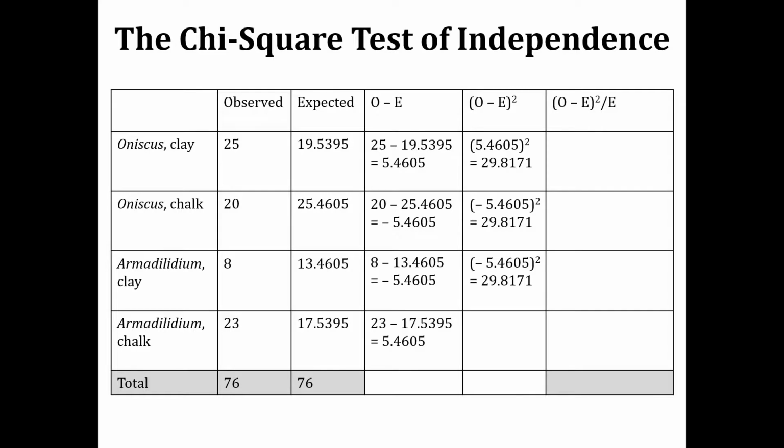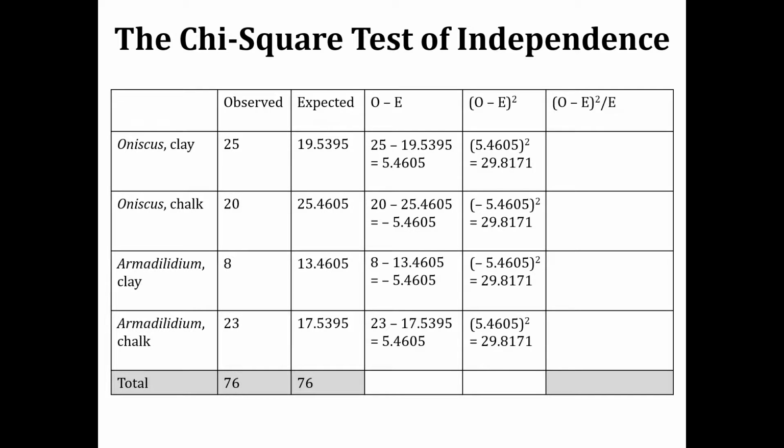Similarly, we calculate the square of the difference for our next two cells. Then in the last column, we are going to calculate our chi-square value by dividing the square of the difference between observed and expected frequencies by the expected frequency of the same cell.